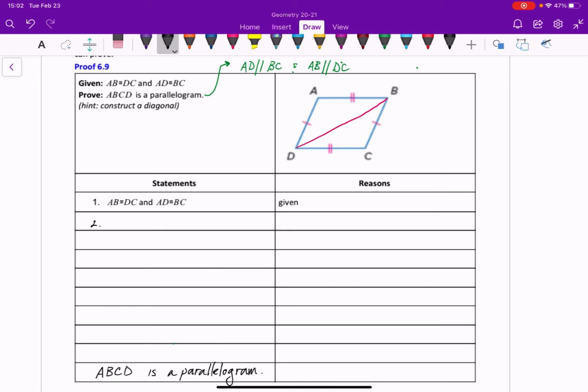So for my next step, DB is congruent to segment DB, or BD, and that's by the reflexive property.